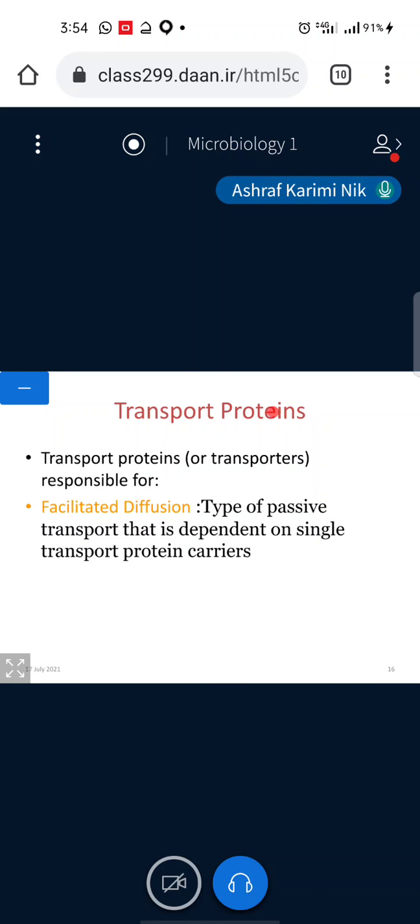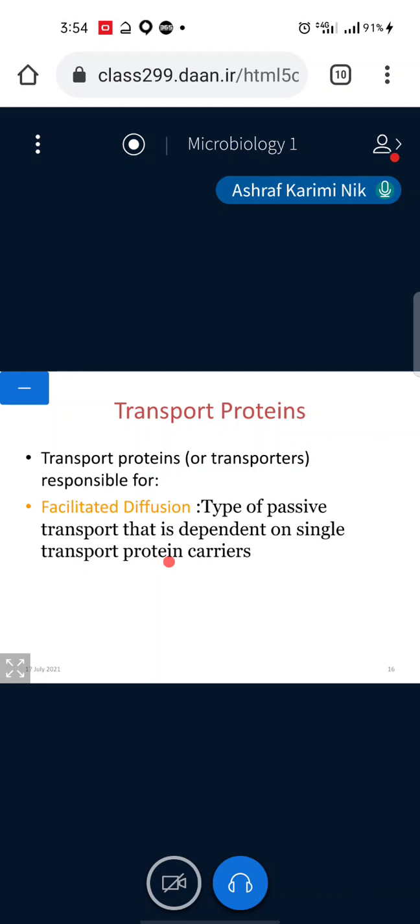Transport proteins or transporters are responsible for facilitated diffusion. What is facilitated diffusion? Facilitated diffusion is a type of passive transport that is dependent on single transport protein carriers.